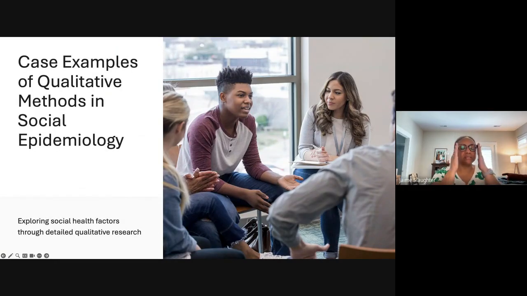So I want to use a couple of examples from my research, either research that I've led or that I've been a part of, in which we've used qualitative methods.